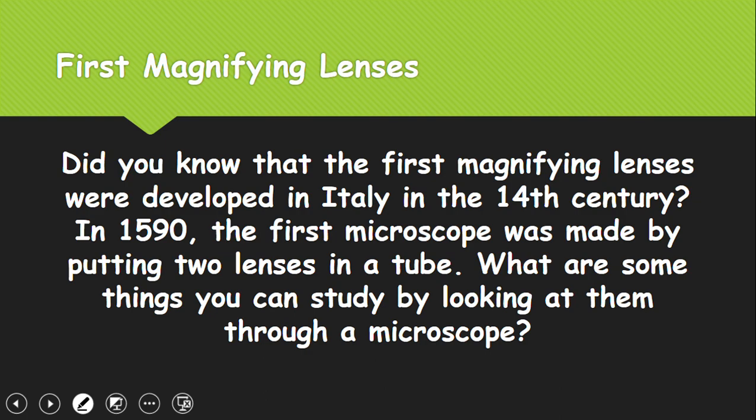So think of tiny, tiny, tiny little things that you can look at with a microscope. Now remember, a telescope is different from a microscope. Good, you should have said anything little. Could be algae, could be dust, it could be insects, cells, crystals, bacteria, anything small.